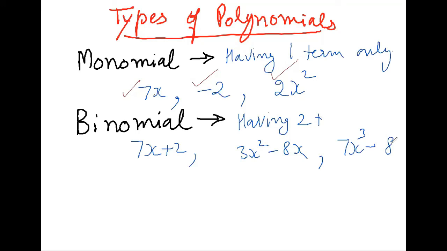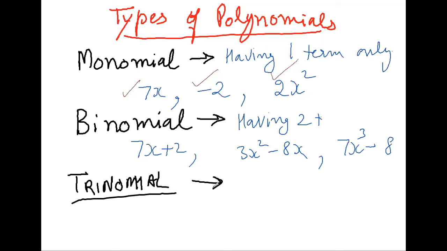Monomial has one term, binomial has two terms, trinomial has three terms. So let us finish the last term faster. Pick up the sketch pen. Trinomial, having three terms.